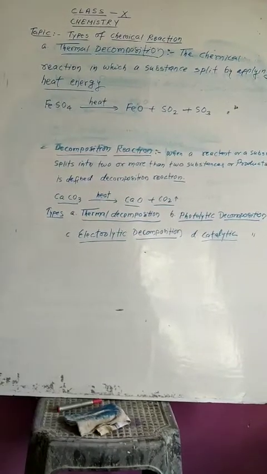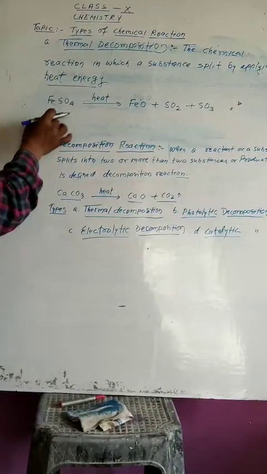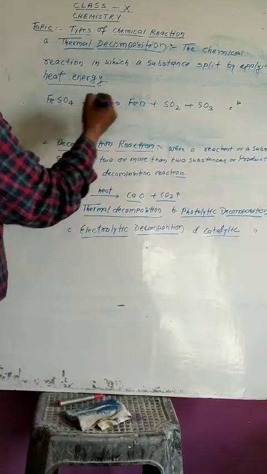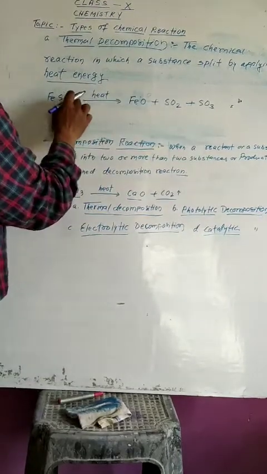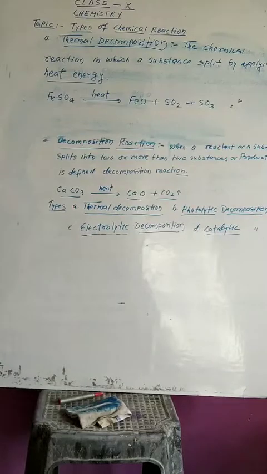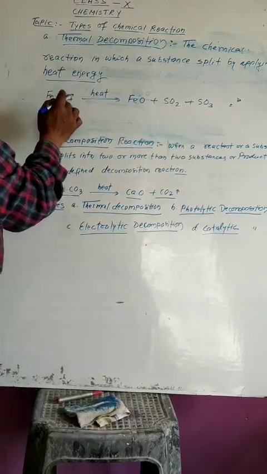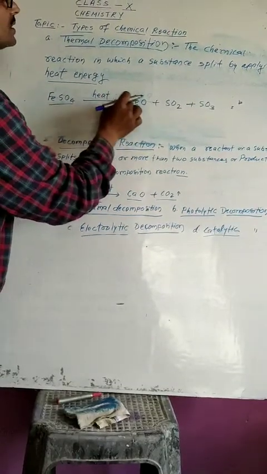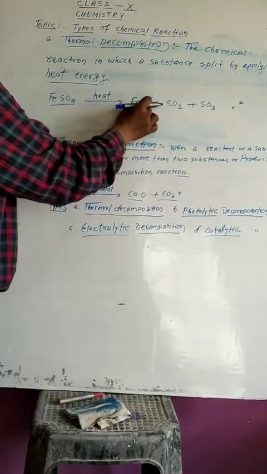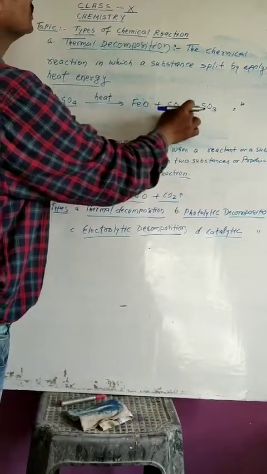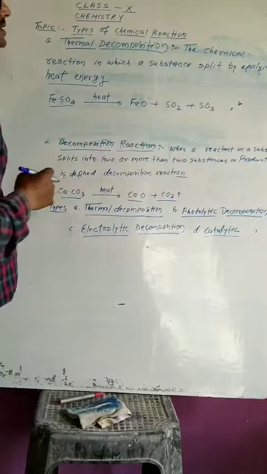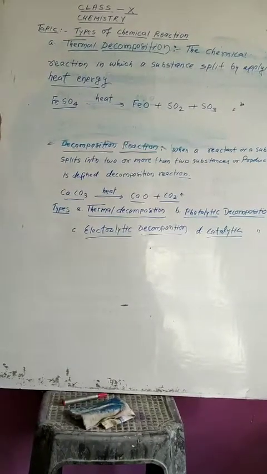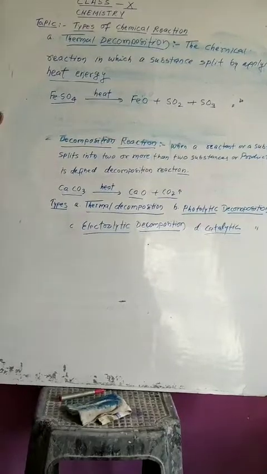It is also considered blue vitriol, and its chemical formula will be FeSO4.7H2O. Here iron sulfate is heated to produce ferrous oxide, sulfur dioxide and sulfur trioxide. This is the decomposition reaction, and it takes place due to applying heat energy.